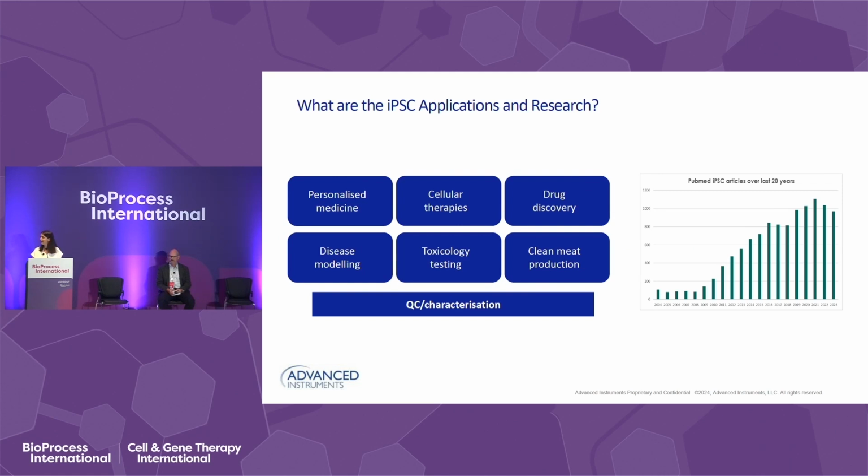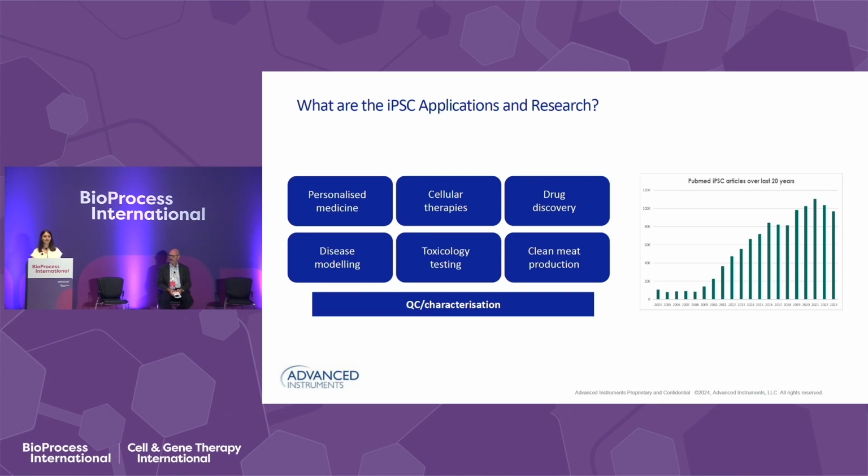So what are the key iPSC applications and research areas? Human iPSCs are now being used across a range of different market areas, including disease modeling, drug discovery, and cell therapy development. Since the advent of iPSC technology almost 20 years ago, there's been an enormous increase in the use cases for iPSCs, particularly in stem cell biology, but also regenerative medicine.